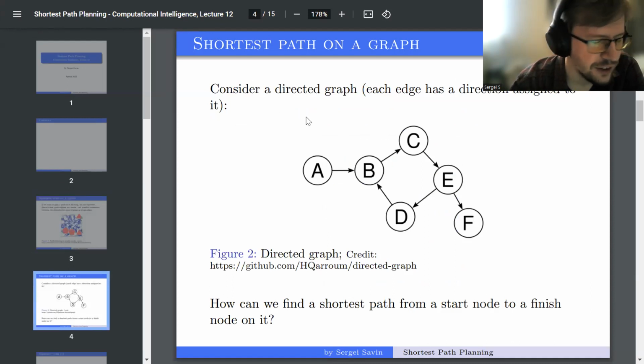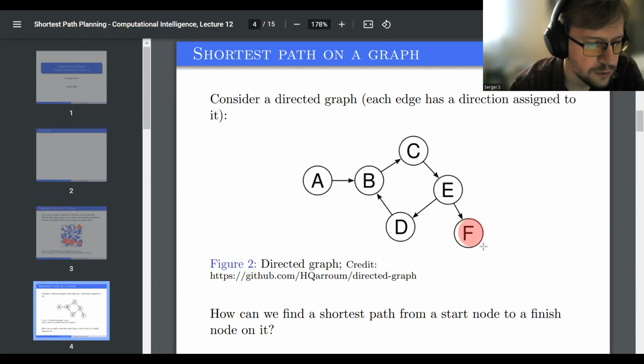Now, let's consider a directed graph. Directed graph means that each edge has a direction. We'll consider one of the points as a goal point. Let's say this is a goal point. And we'll consider one of the points as a starting point. Let's say this is a starting point. So we go from the starting point to the goal point.